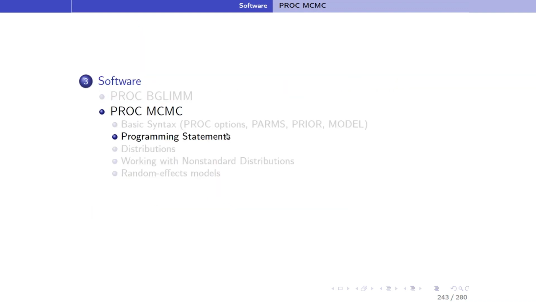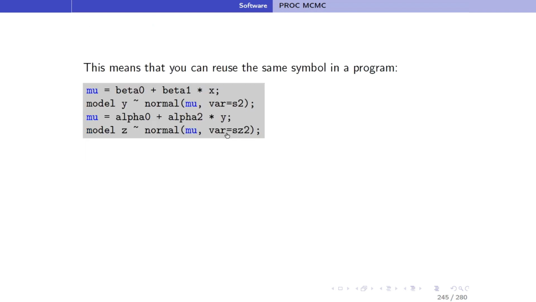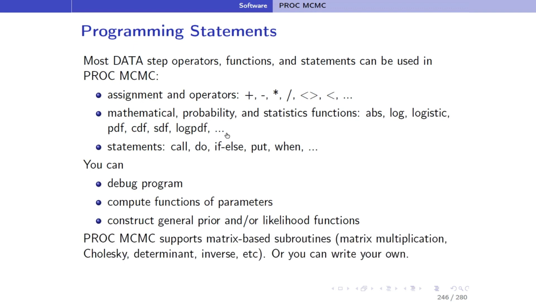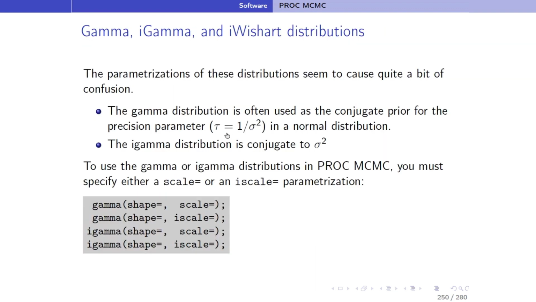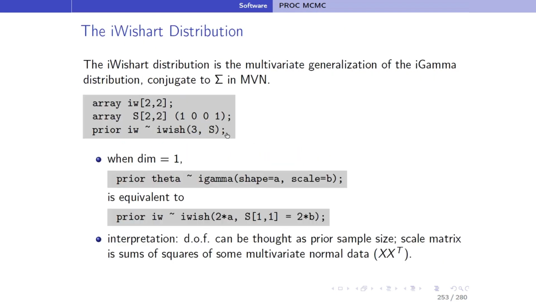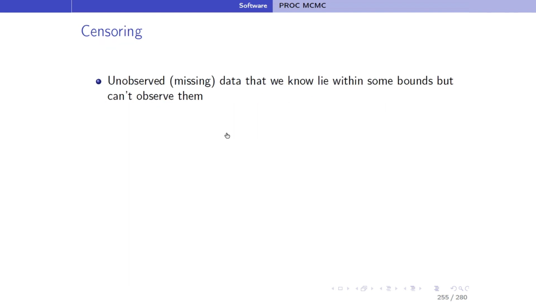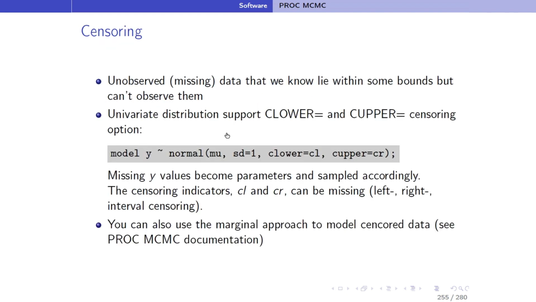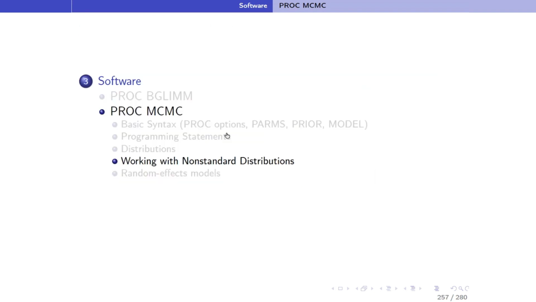Then how you can use programming statements and what to look out for when using them, and the types of distributions it supports, with some notes on the gamma, inverse gamma, and inverse Wishart distributions, three very confusing distributions. It covers working with truncated distributions, working with censored data, and working with arrays for multivariate distributions, and so on.